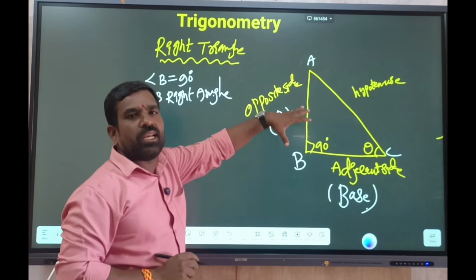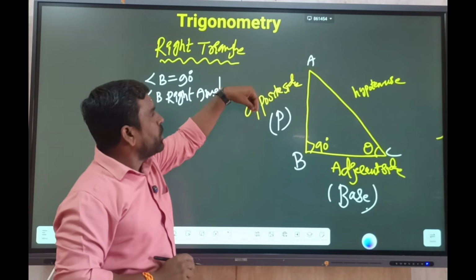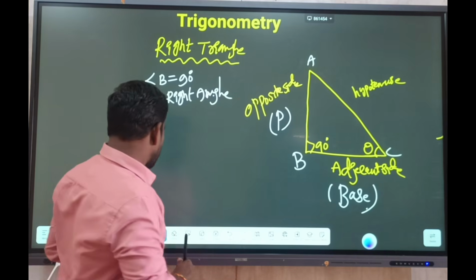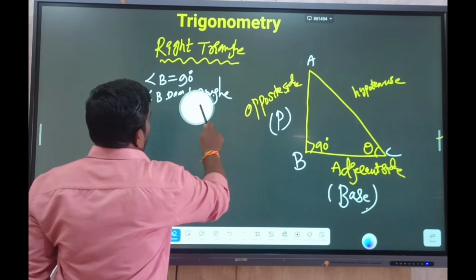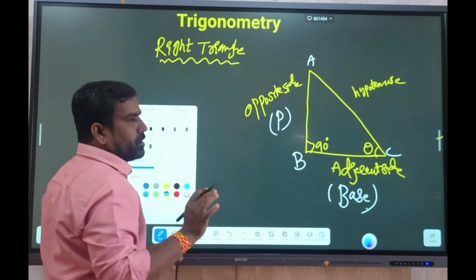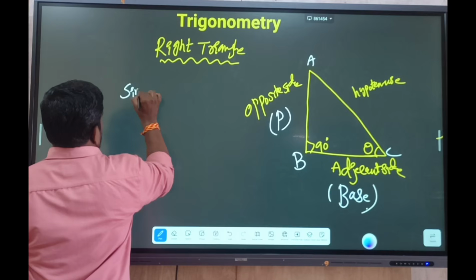Now the trigonometry ratios. How to get the trigonometry ratios? There are three primary trigonometry ratios: sin theta, cos theta, tan theta.